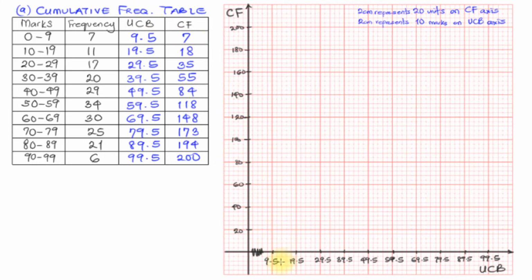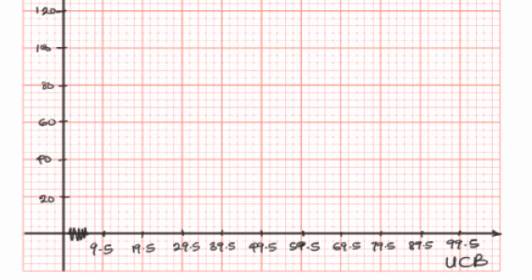When the upper class boundary is 9.5, we know this is 9.5. So we are tracing from 9.5 here. And we're trying to get the corresponding values on the vertical axis, the cumulative frequency axis. Here we have 7, but we already know that this is 4, this is 8, 12, 16, and 20. So that is consistent. So 7 will be just before 8.